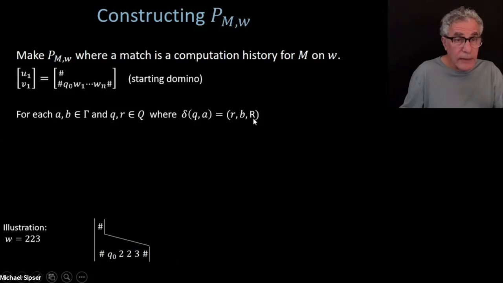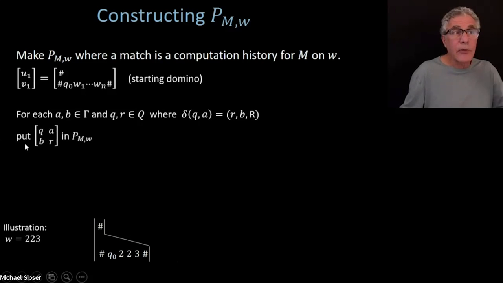I'm focusing on rightward moving Turing machine steps right now. But for every possible state and tape symbol, looking at what happens, I'm going to have a domino that captures this information. It's going to be this domino here: QA on top, BR on the bottom. So just a string, QA on the top, BR on the bottom.